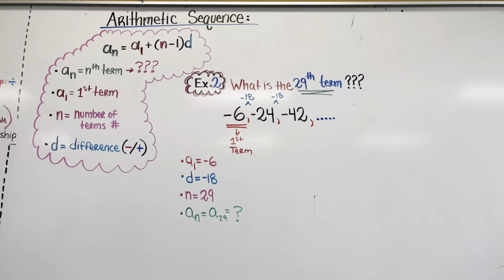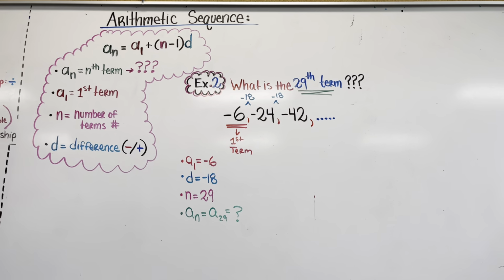If we kept subtracting 18 after each term, then by the time we get to the 29th term, it would equate to -510.